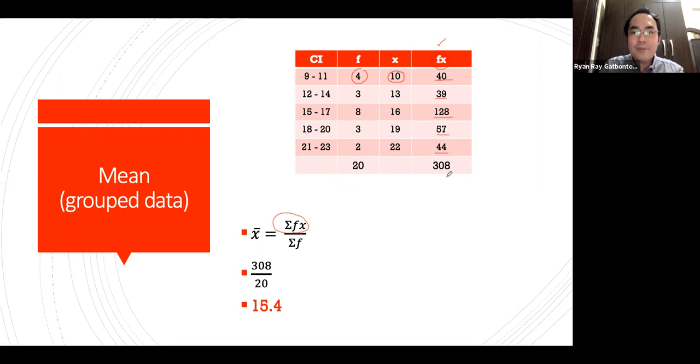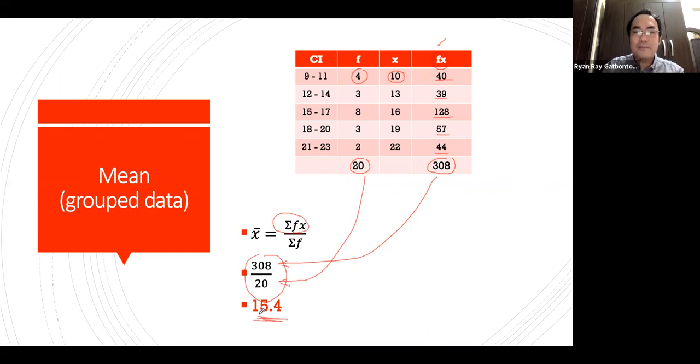Add them all up, you get 308. Add this all up, you get 20. So notice that we used 308 and 20 over here. So 308 divided by 20, that's 15.4. So the answer for this grouped data mean is 15.4.